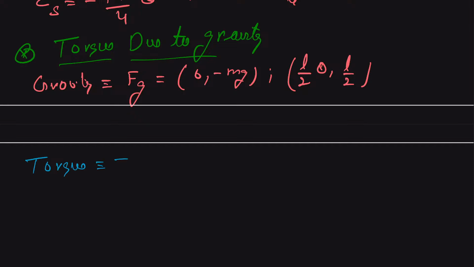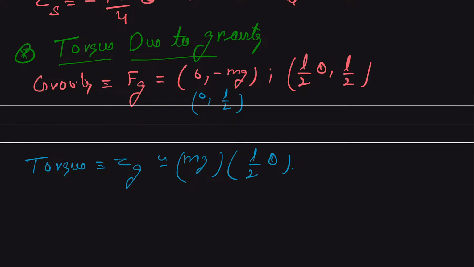So its torque, that is our tau g, will be approximately equal to our force, that is mg, times the distance, which is L by 2 times theta. Here I forgot to mention that initially it will be at 0 comma L by 2.